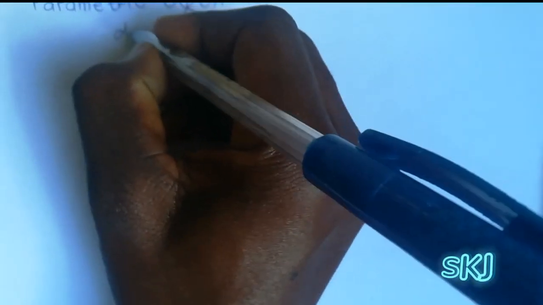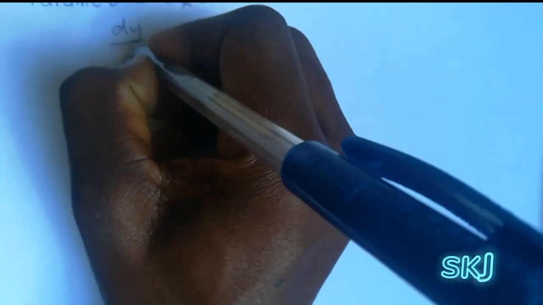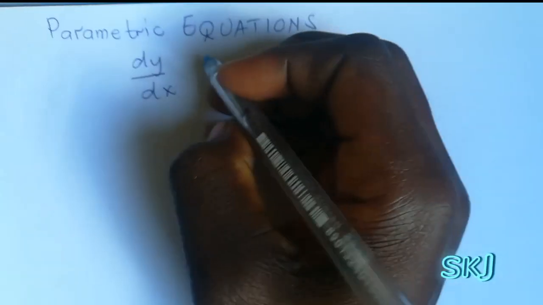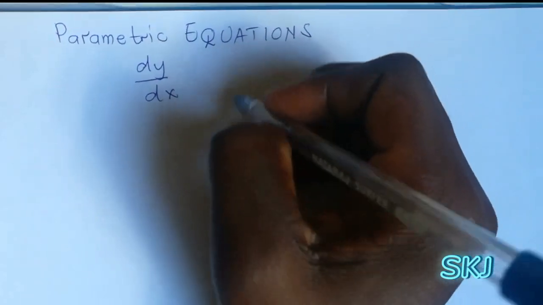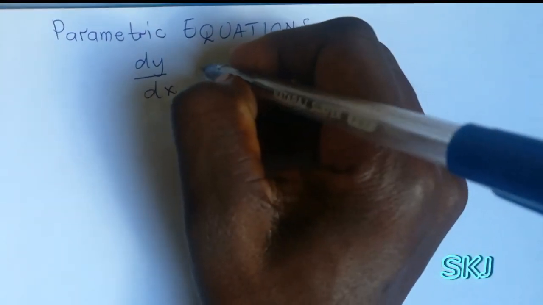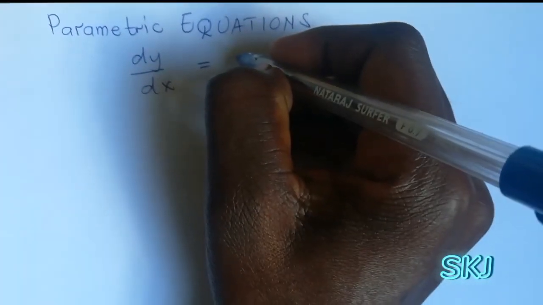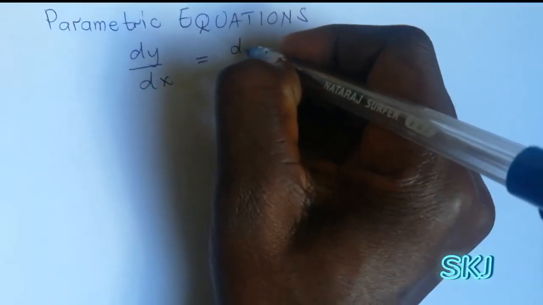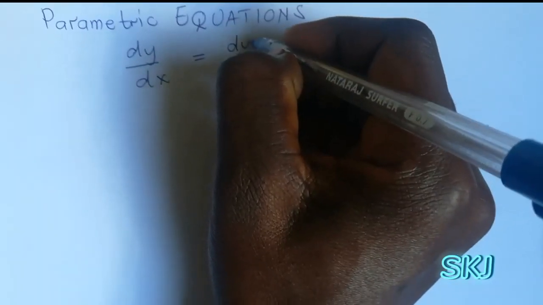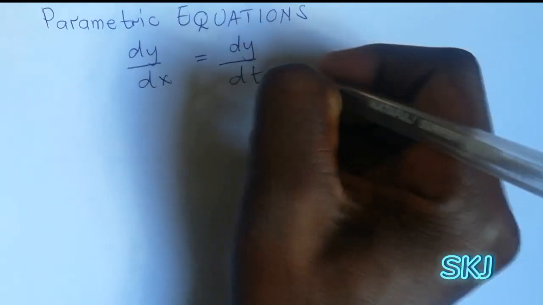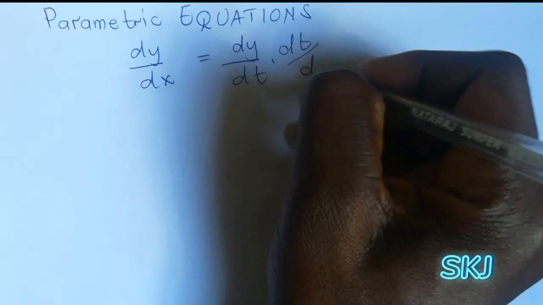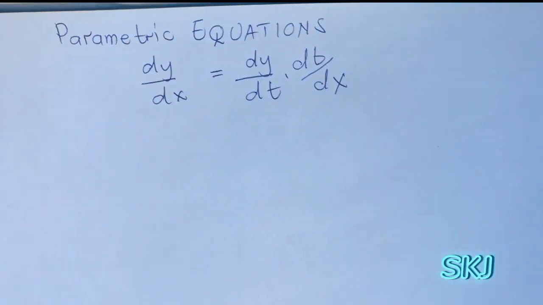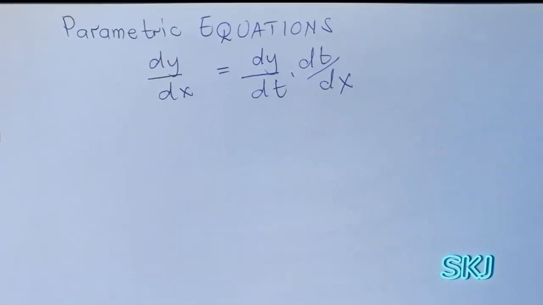The chain rule is simply dy/dx equals dy/dt times dt/dx. It depends which terms you are using; here I'm using it in terms of t.